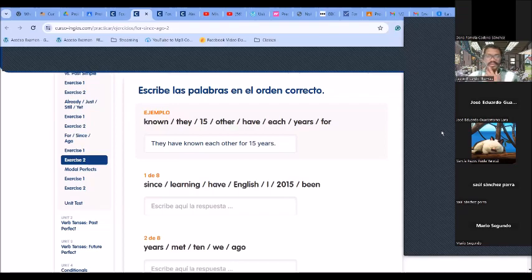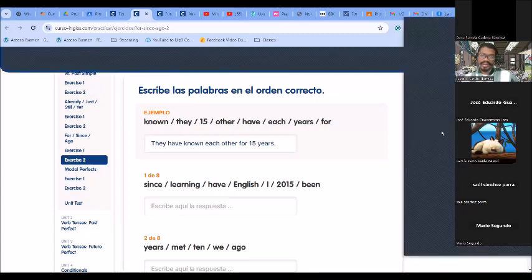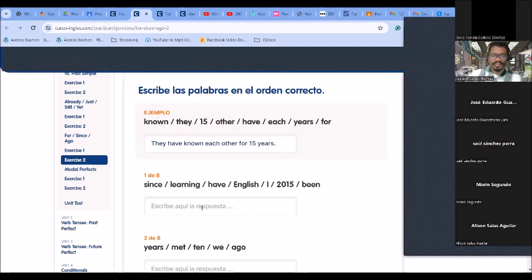All right. Saul, do you think you can unscramble the sentence? Number 1. Remember, we're focusing on words like since and for and ago. I have been learning since English 2015.